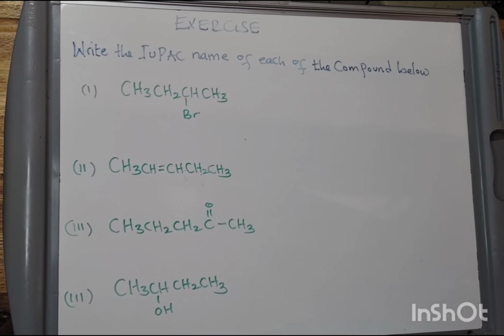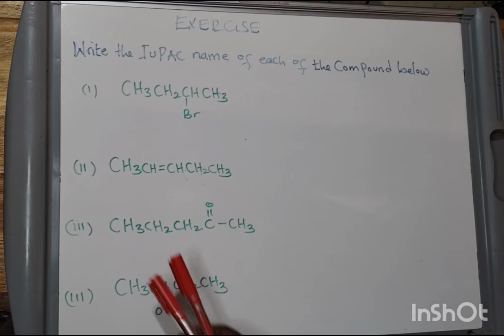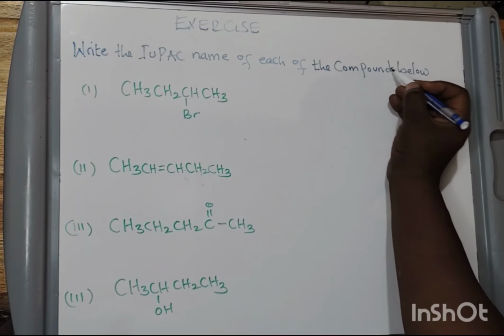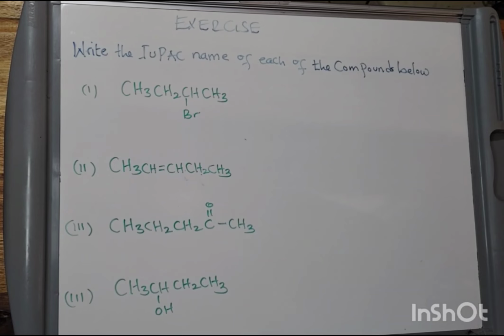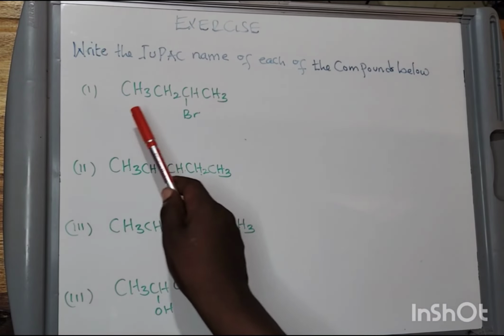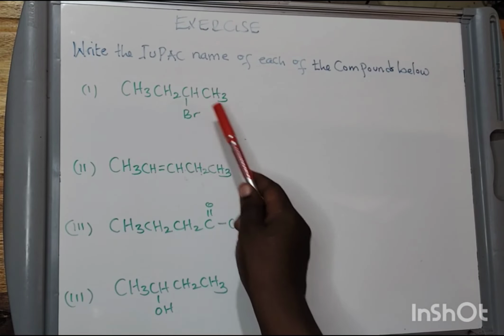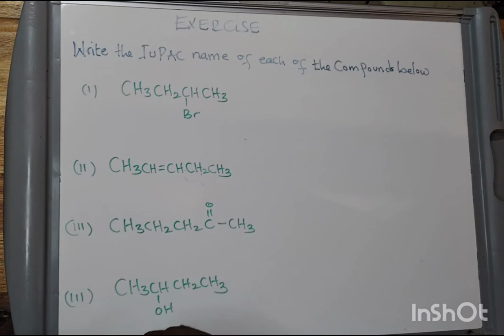Yeah, so here come these questions to attempt. The statement says write the IUPAC name of each of the compounds below. Okay. Yes, what do we do? You come here, remember, we are numbering from the side which gives the branch, the functional group, the smallest number.